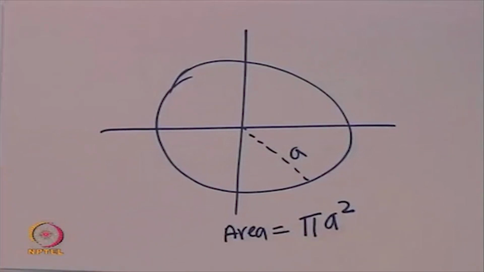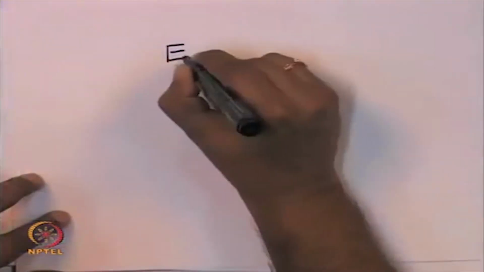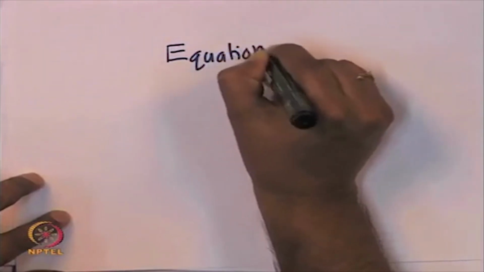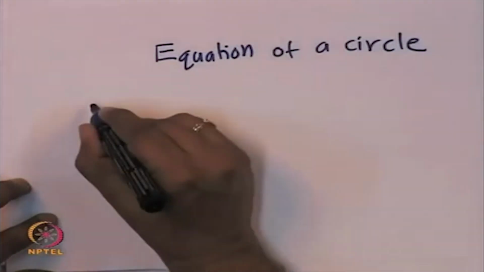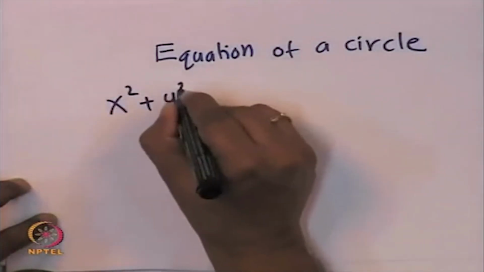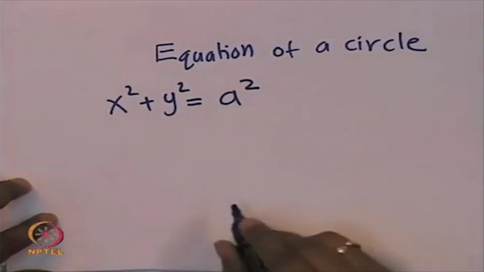Now, let us check that by doing the integral. Do we get the same thing, or do we get something different? So, what is the equation of a circle? The equation of a circle is x square plus y square is equal to the radius square, which is a square.